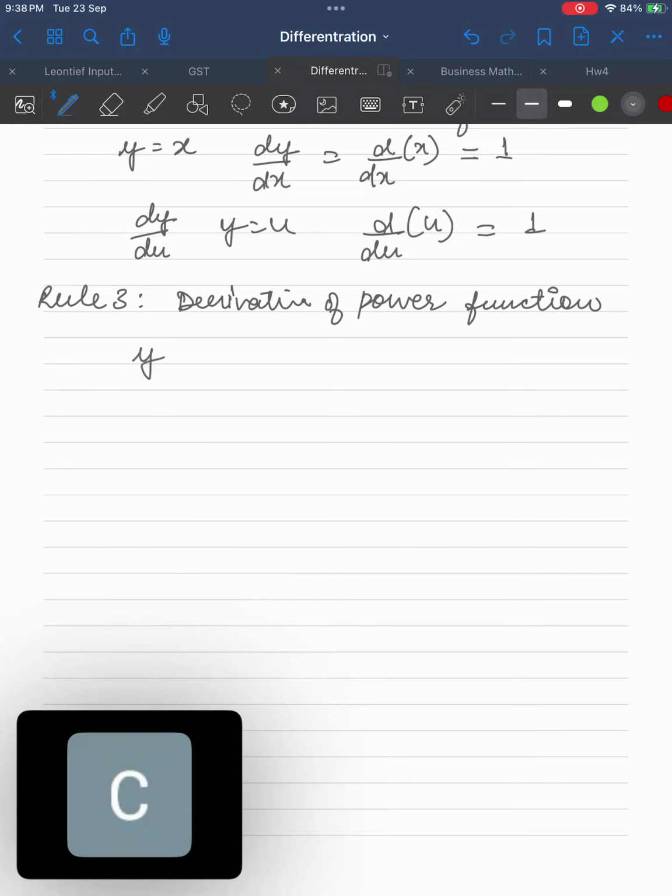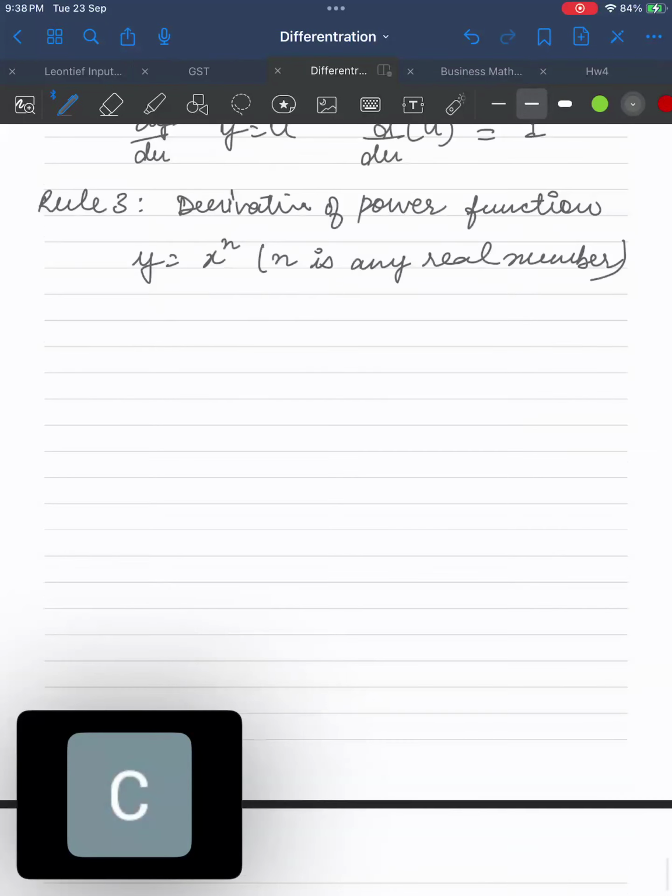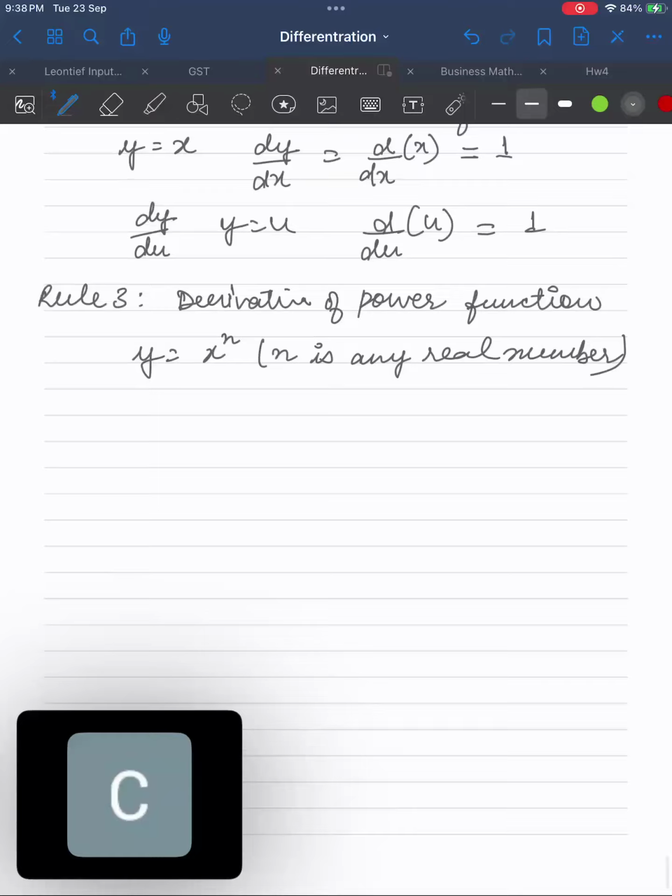Suppose y equals x to the power n, where n is any real number. Then dy upon dx, by the simple formula we know, whatever is in the power will come in front times x, and the power would be reduced by 1.